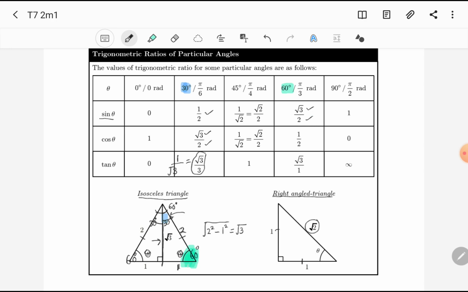Cos 60. Cos 60 is adjacent, which is 1, divide by hypotenuse. Okay, next. Tangent is opposite, root 3, divide by adjacent, 1, or equals to root 3. Okay, settle.